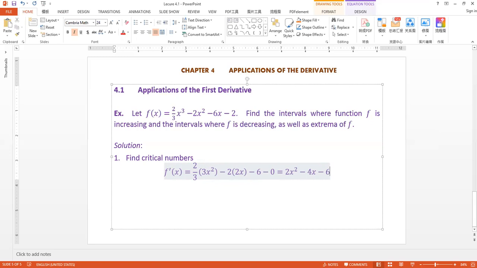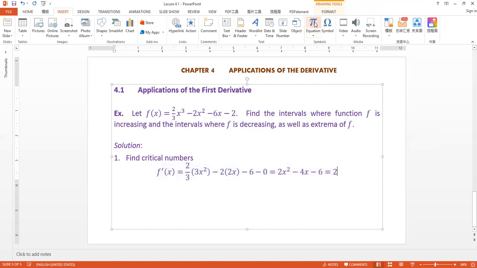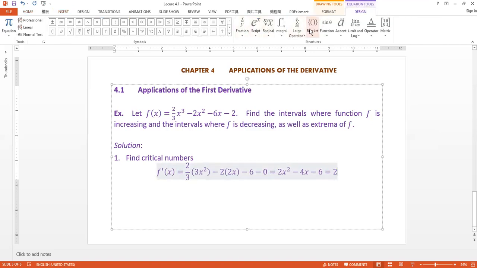Because we're going to find the values of x where the derivative is 0, when you factor this f prime, we can actually factor out 2 first from all the terms. So we got 2 times x squared minus 2x minus 3.